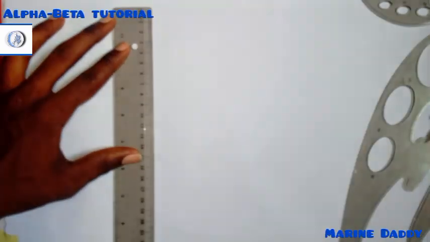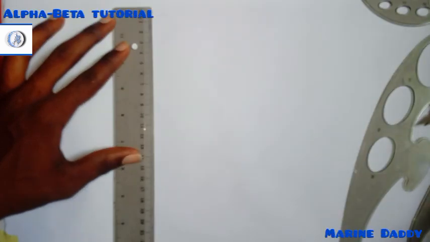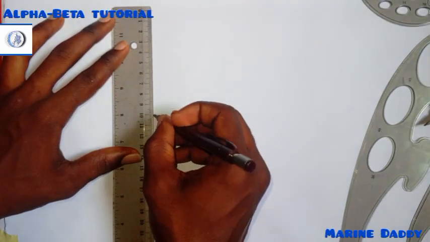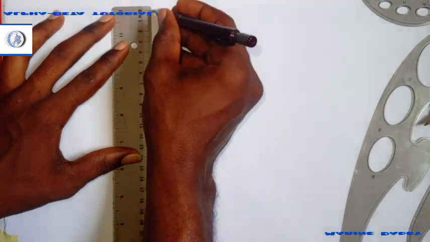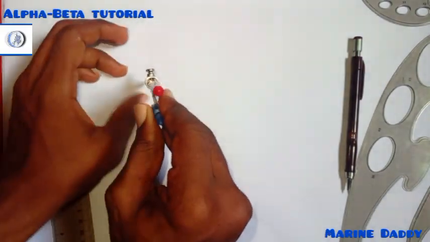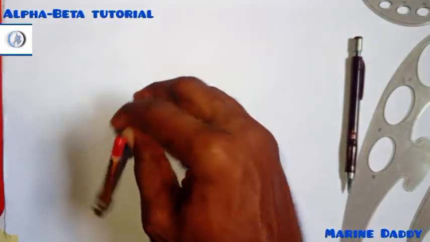Okay, for this one, using circular method, the diameter is going to be the major and the minor axis length, right? So we'll have to pick the radius, and the radius they told us is 10 for the major one. So I'm opening my compass to radius of 10 and I'll draw.